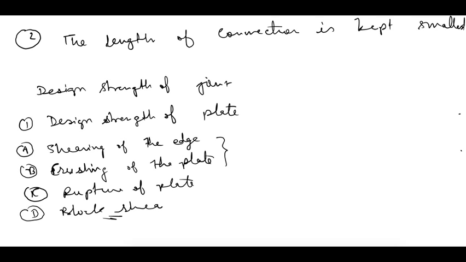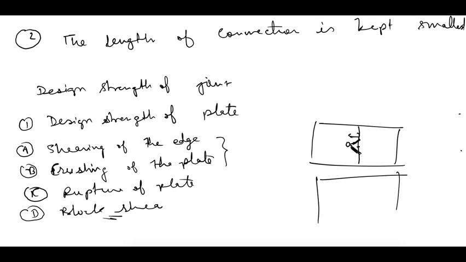The first two happen only if we have not provided sufficient edge and end distance. If this distance here between the bolt and the end is not sufficient, then it can fail in shear. So this plate can simply tear apart from this. That will be the shearing of the edge, and it can crush also.